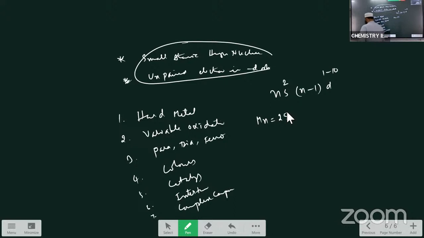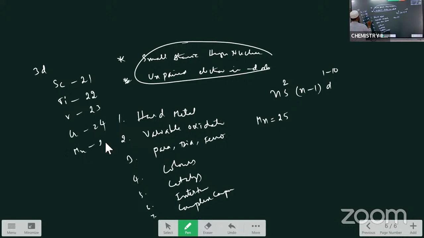You have to remember the names of the 3d series elements. That is important. Scandium atomic number is 21, titanium 22, vanadium 23, chromium 24, manganese atomic number 25, after manganese iron 26, then cobalt 27, nickel 28, copper Cu 29, and zinc is 30.